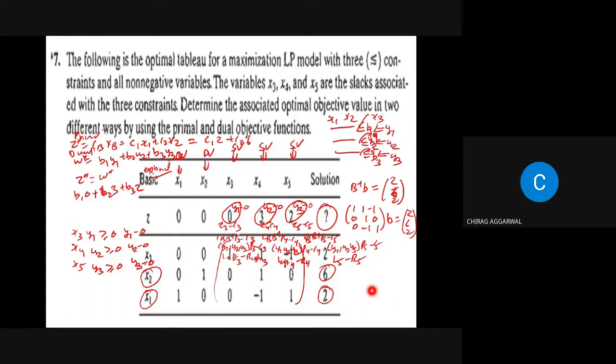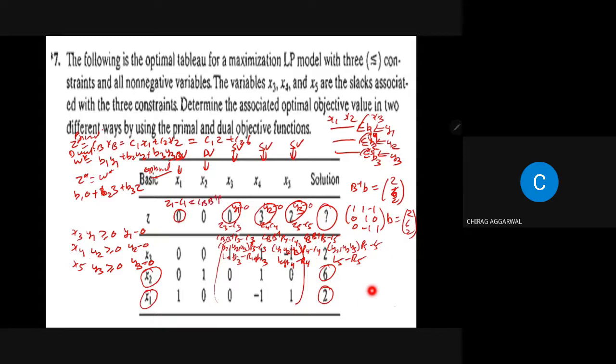Now we have to compute the zj minus cj, or means we have to compute the c1 c2. How can we compute the c1 c2? This 0 is what? This 0 is equal to z1 minus c1. z1 minus c1 is what?